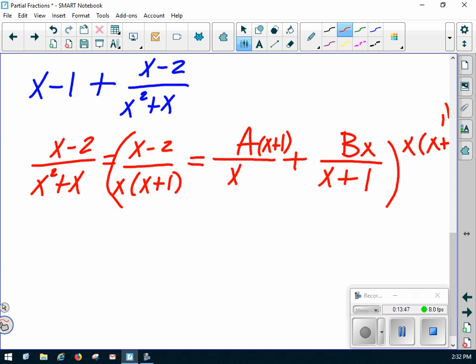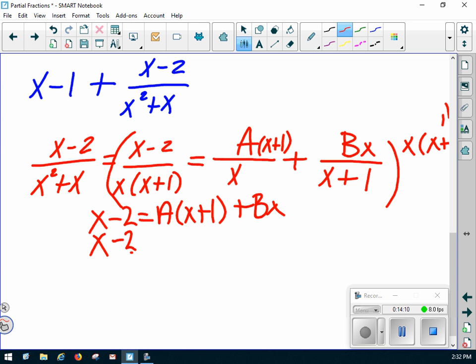And then it's x minus 2 equals a times x plus 1 plus b times x. Back up just a minute, Malin. Any questions here? Is she good? Yep, go. Okay, and then x minus 2 equals ax plus a plus bx.